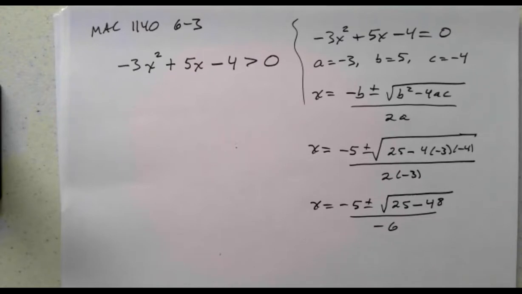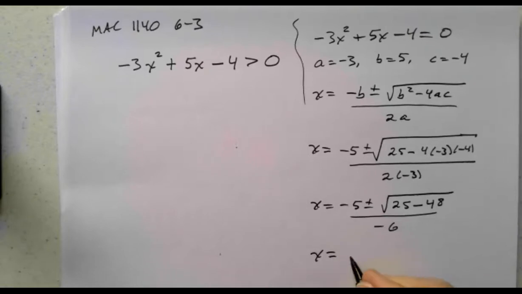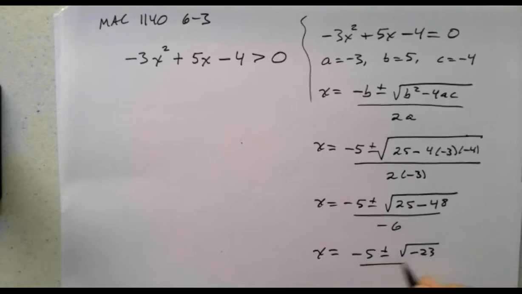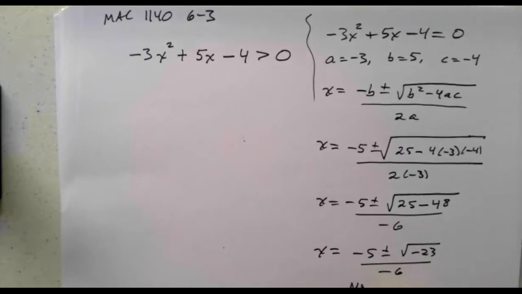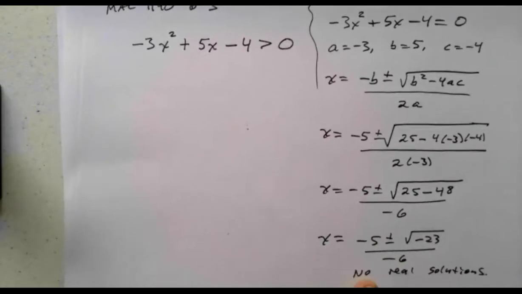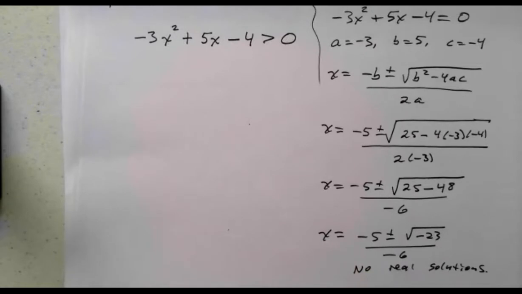Well, that makes us think a little bit, because what I get is x is negative 5 plus or minus the square root of negative 23 over negative 6. No real solutions. Square root of negative 23 is imaginary, so this whole thing has complex solutions.